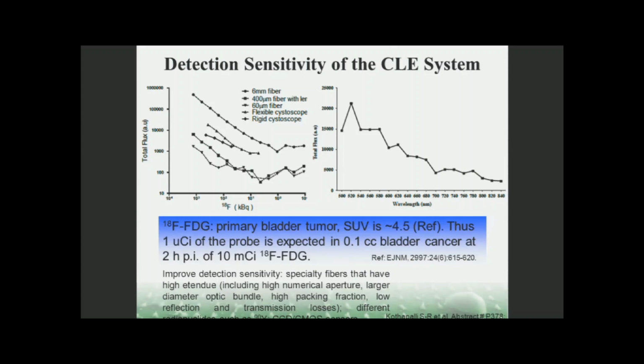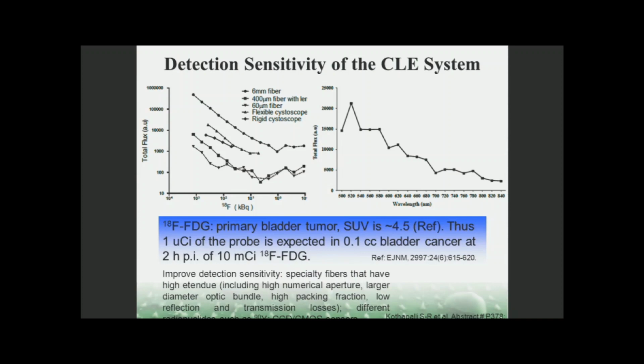We put the active phantom with the system and let it decay. Then you do the calculation, you also measure the signal, and you can obtain this kind of curve. It shows that the 6 mm fiber has the highest signal compared to all the other 5 fibers we tested.